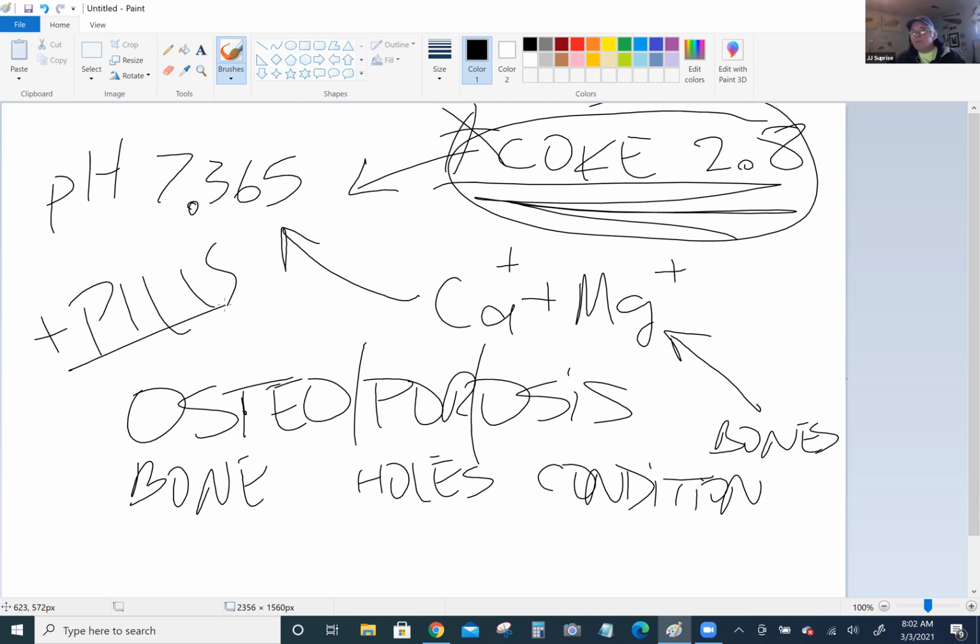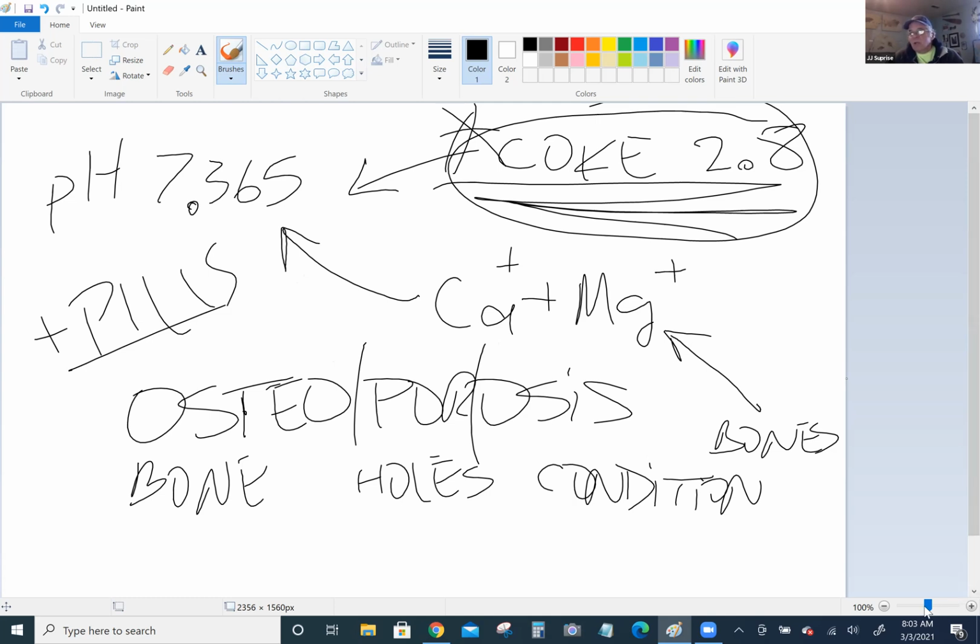And now another aspect of this, Sam, which I know Dr. Michael has talked about, is when you drink alkaline water, the stuff at the store, that they've added calcium and magnesium to that water.